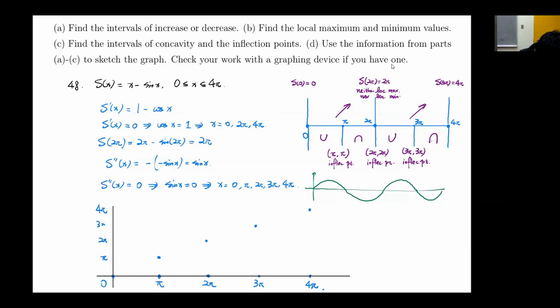All right, so then let's say that this is going by pi, this is going by 2 pi, and 3 pi, and 4 pi. Let me prolong this a little bit.